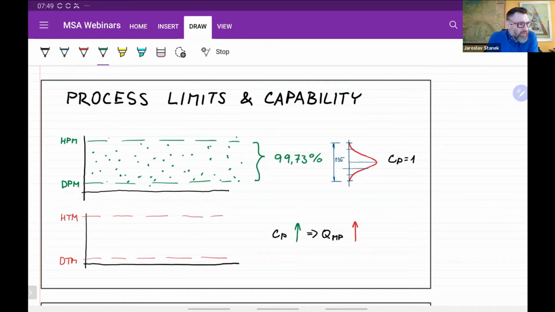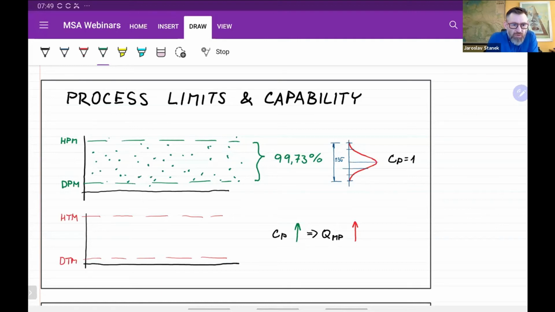The process limits, the upper and lower process limits, are estimated to cover the 99.73% confidence bounds. That corresponds not to ±2 standard deviations, but ±3 standard deviations. So there is a discrepancy between how we treat the production process and how we treat the measuring devices.